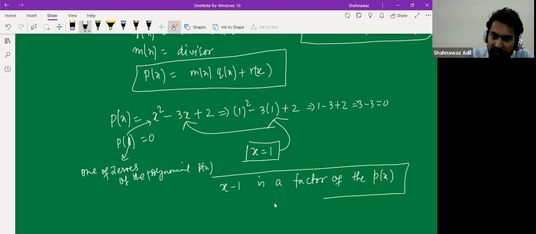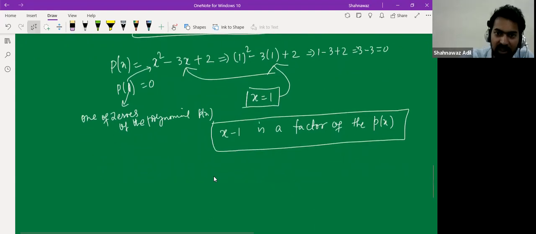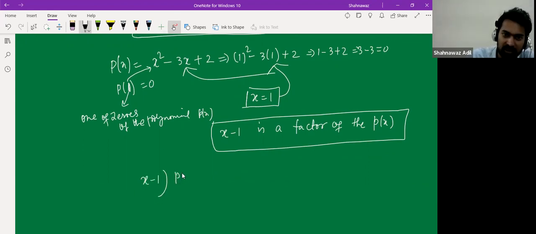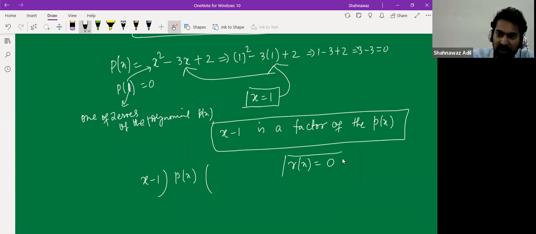Understood this part? What do I mean by the factor of P(x)? It means that if I divide P(x) by x minus 1, the remainder R(x) will be what? 0. Understood?